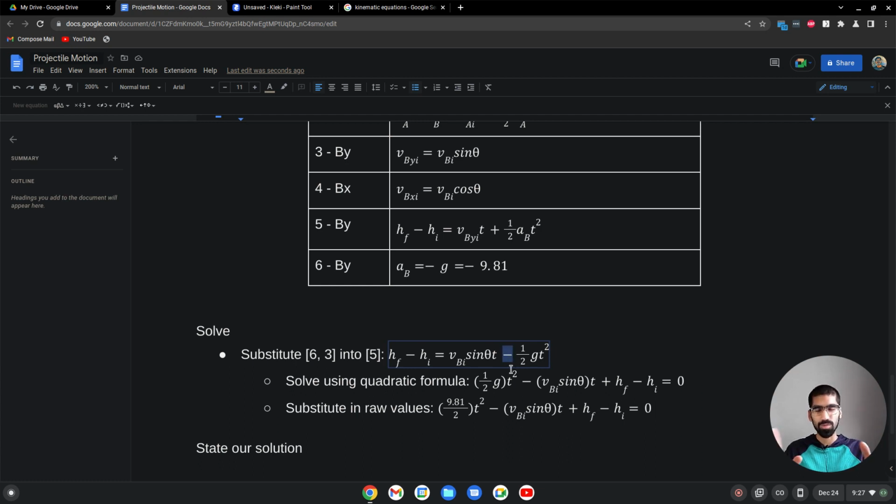You can't double up, do one or the other, not both. So that's a numerical value we can use. This over here is going to be 20 sine 30 degrees, which is a numerical value we can use. And over here we have 0 minus 1, so that's just going to be minus 1.